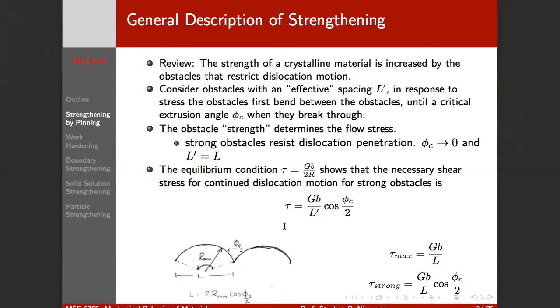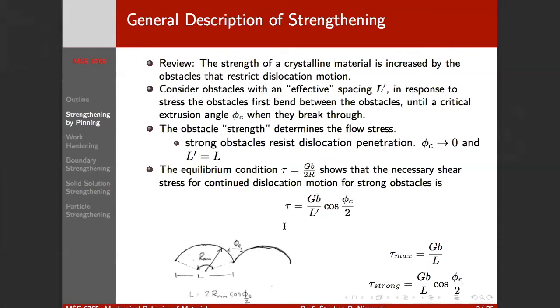So if we consider obstacles with some effective spacing L prime, what do I mean by effective spacing? As we'll see when we talk about weak obstacles, the actual spacing between the defects might not be the actual distance between the pinning points.